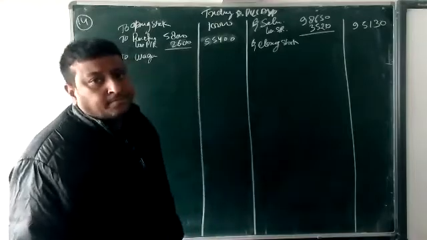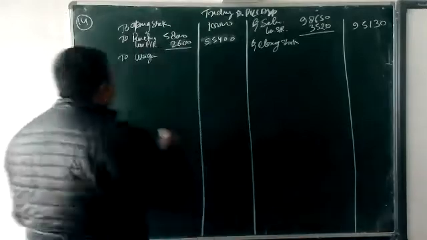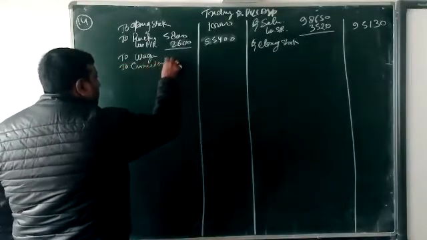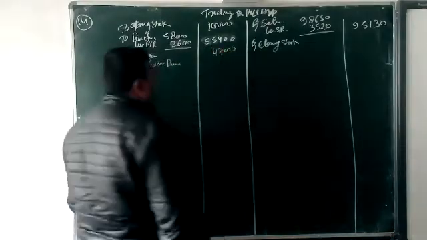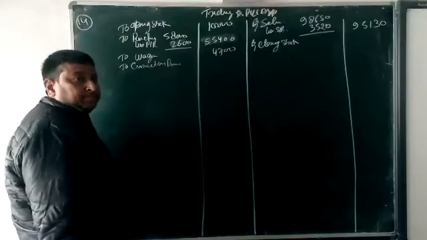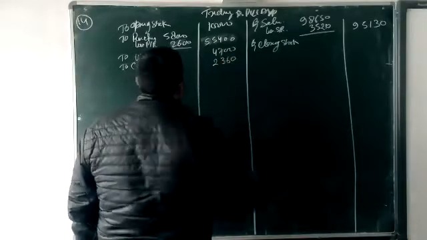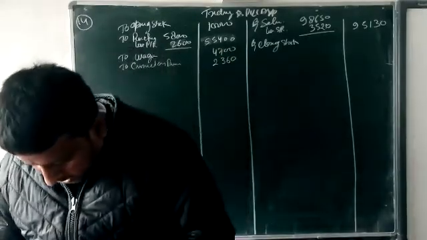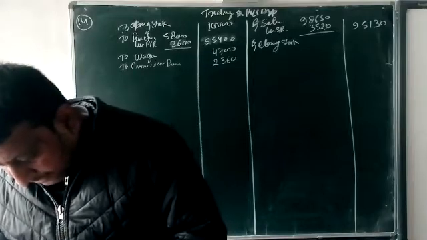The wages amount is 4,700. And carriage on purchases is 1,360. Okay, next, search more. Anything else?